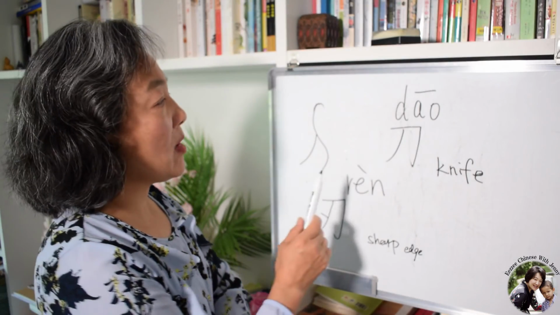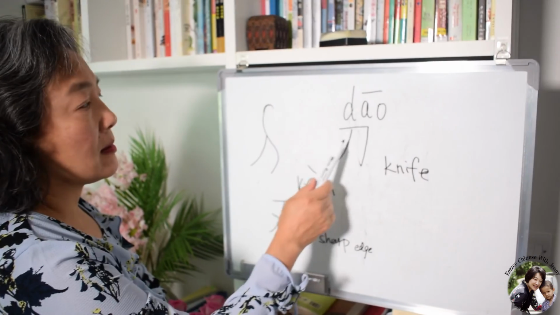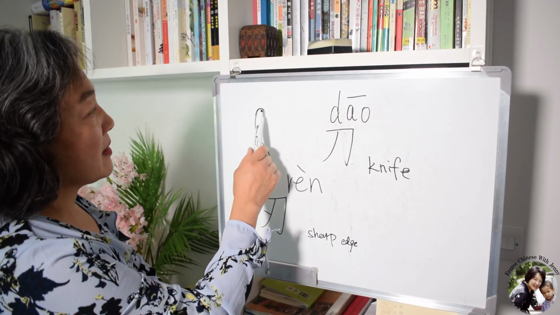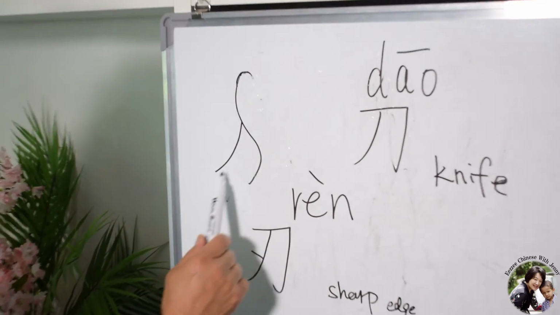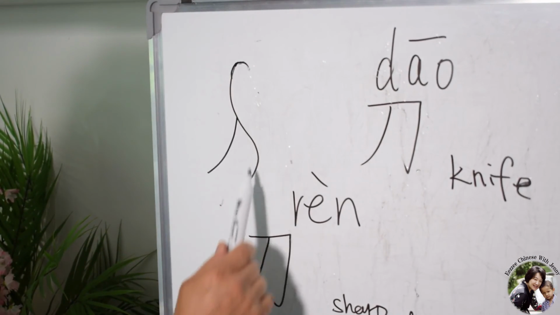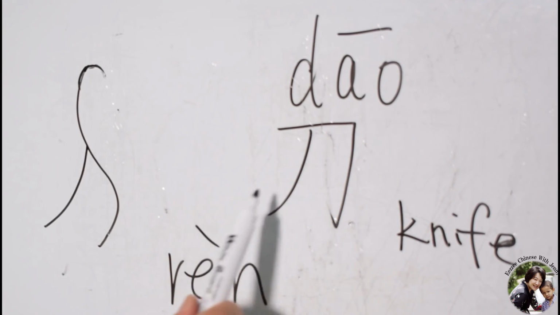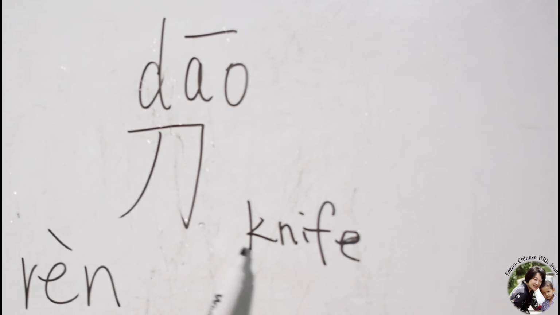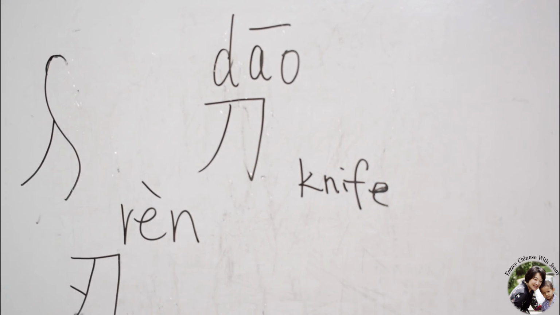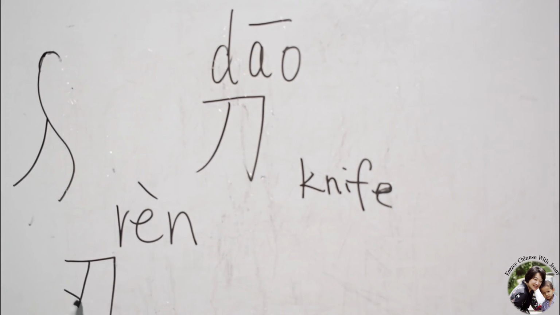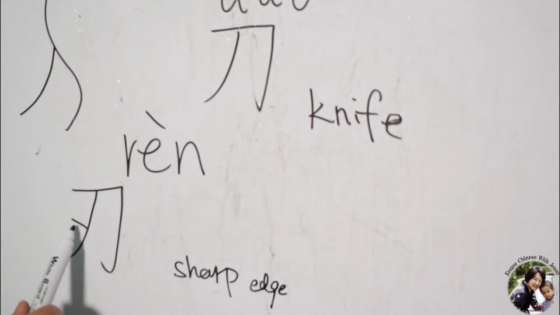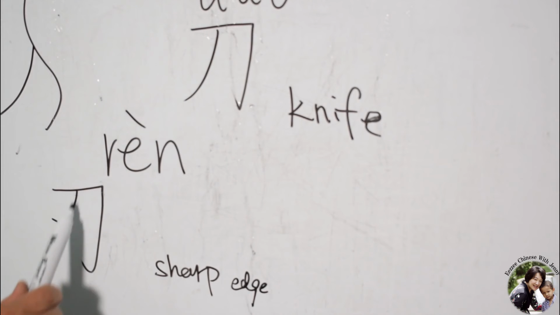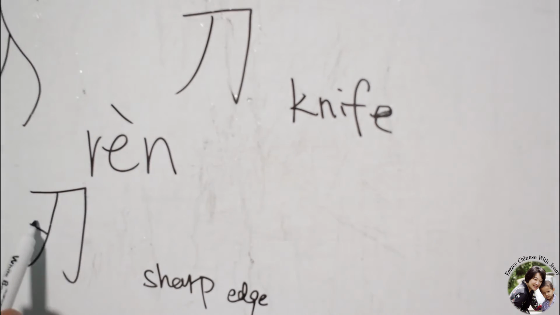Another two simple words. This word means knife. It came from this shape in the past, the shape of a knife. The pronunciation is 刀, 刀 means knife. And if you put a dot here, it emphasizes the sharp side, the sharp edge of the knife.